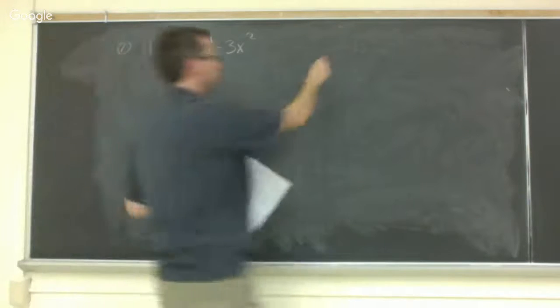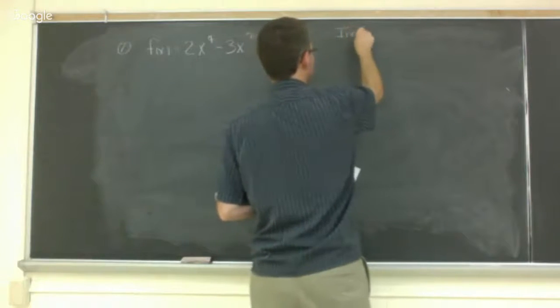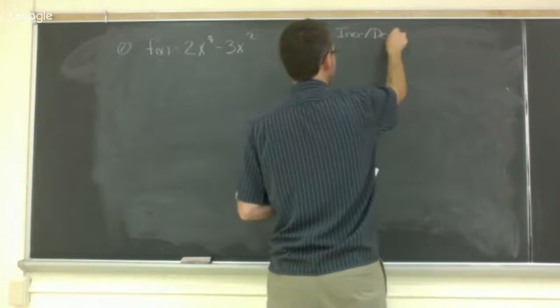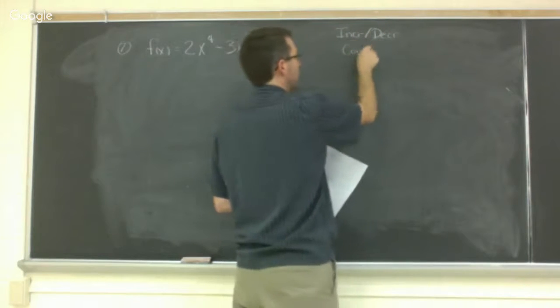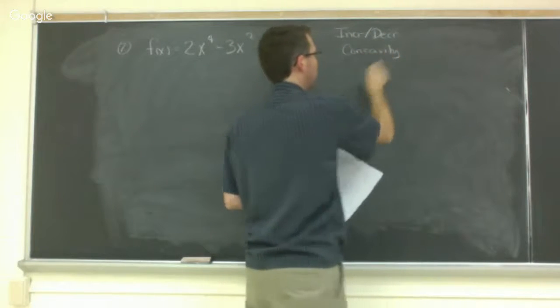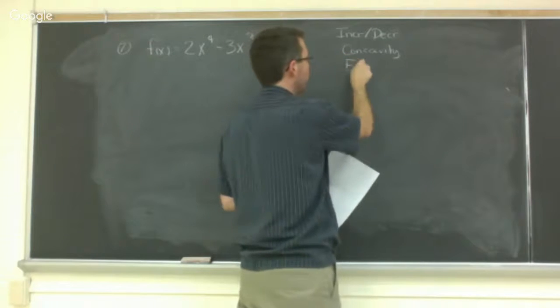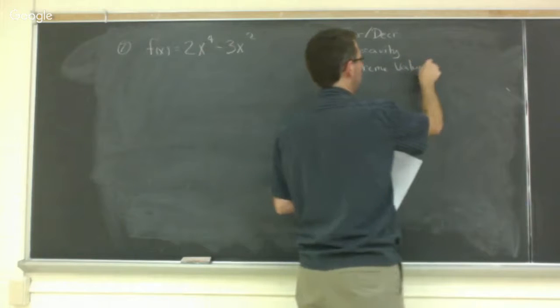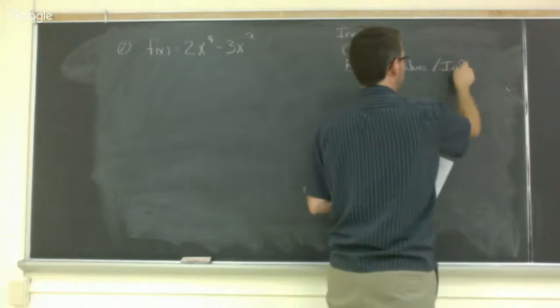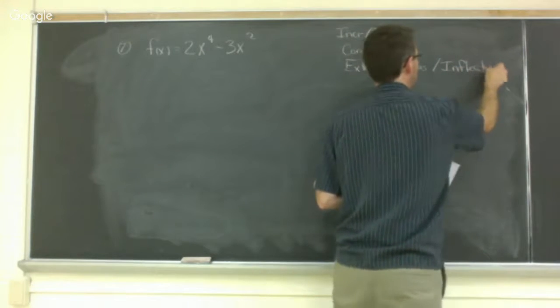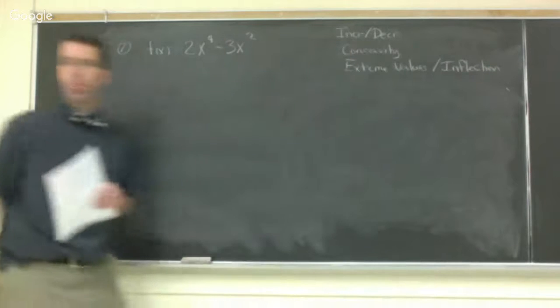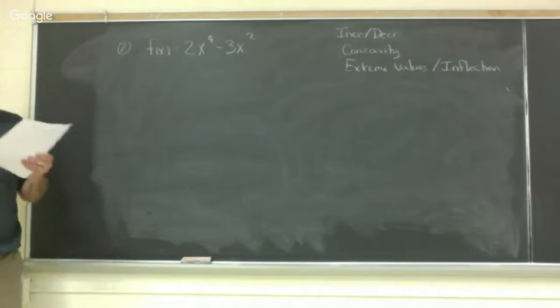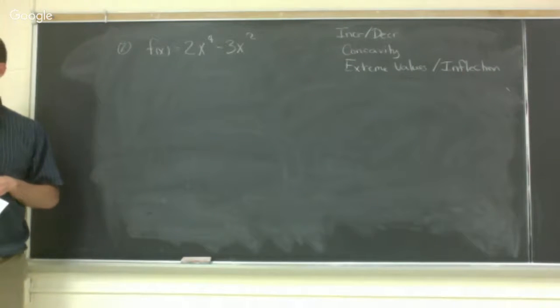We're interested in the behavior, so we're going to be doing where this function is increasing and decreasing. We're going to be looking at concavity. We're going to be looking for extreme values. And inflection points. So that means we're going to need the first and second derivatives.